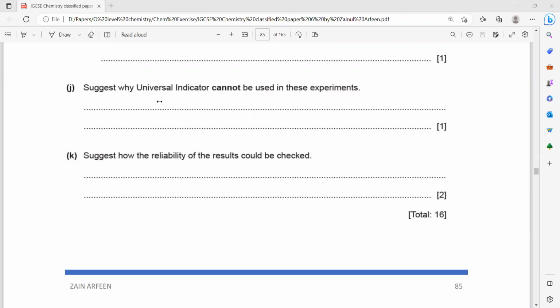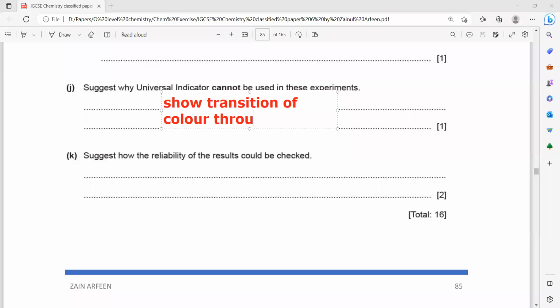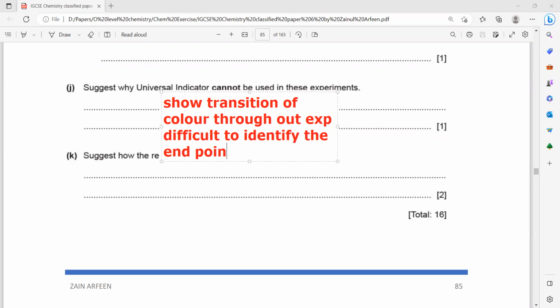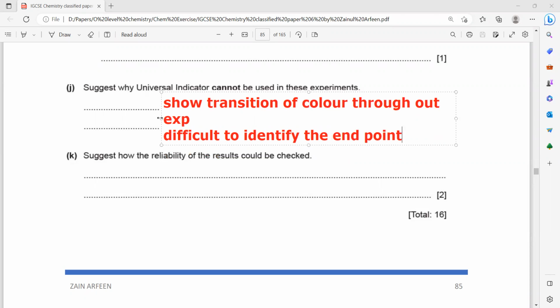It will show a transition of color throughout the experiment. So it is difficult to identify the endpoint. Endpoint means we are sure what volume of acid has reacted with an alkali, at the moment the indicator shows a color change.